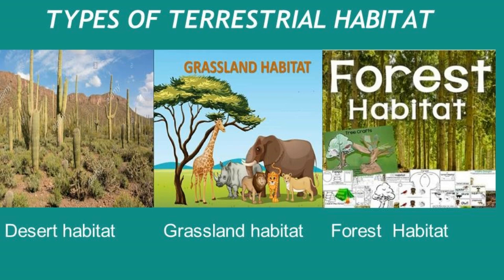The Thar Desert is also called the Great Indian Desert. It is a region of rolling sand hills on the Indian subcontinent. It is located partially in the Rajasthan state of northwestern India and partly in Punjab. Second, grassland habitat. Grassland habitat is an area where the vegetation is dominated by grasses.